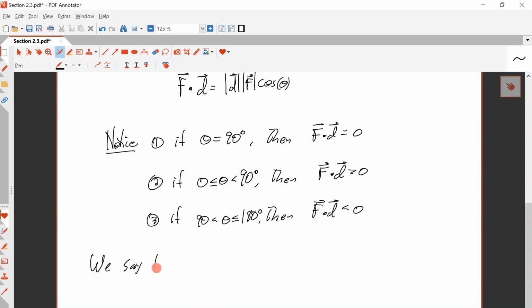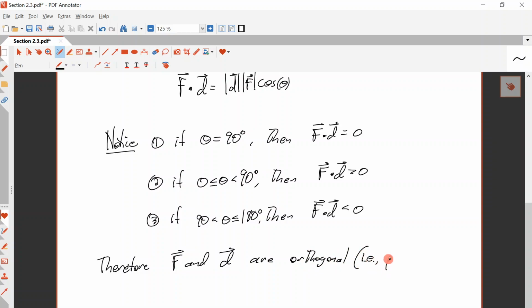We say that therefore F and D are orthogonal, in other words, perpendicular, if and only if F dot D equals 0.